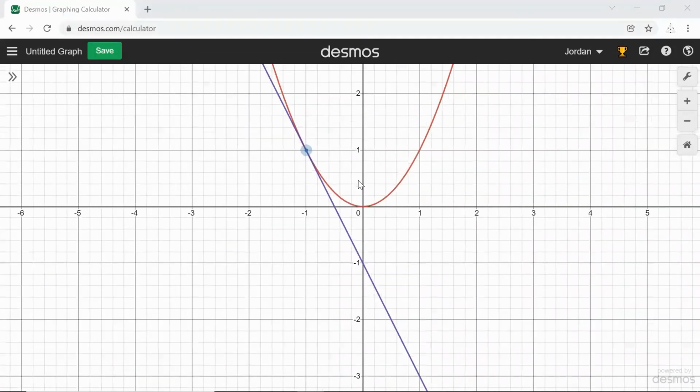This concept should make sense if we think about it in terms of the tangent line. Remember, the tangent line has slope, which is the first derivative. I've drawn the tangent line at various points here, and I can slide this.